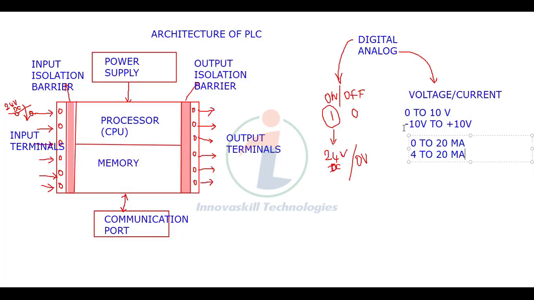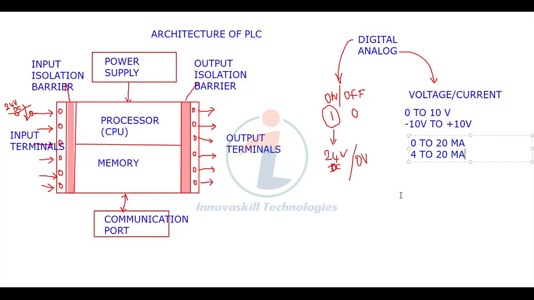Now, where these will be used, generally the difference between digital and analog: digital, as I said earlier, will have only two stages, either on or off. But analog will be in the form of continuous signals. For example, analog signals will be used to measure temperature, pressure, level of a tank, speed, flow, like that.